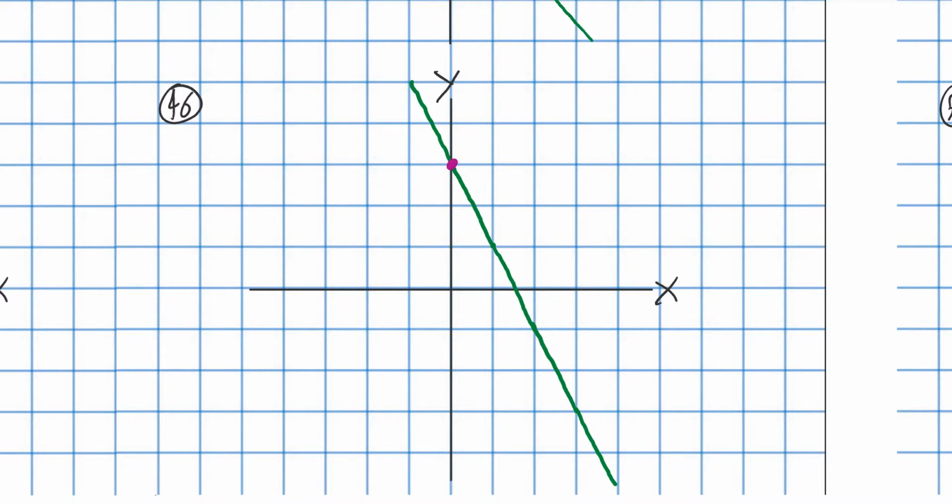And let's see, we can use this point here. That should work. So we're going down 2 and over 1.